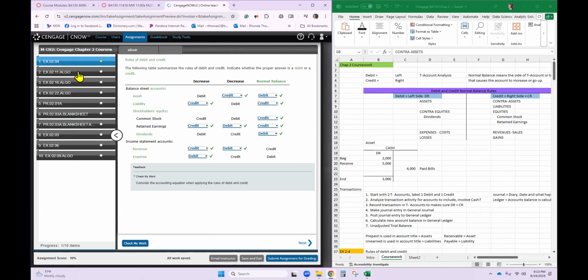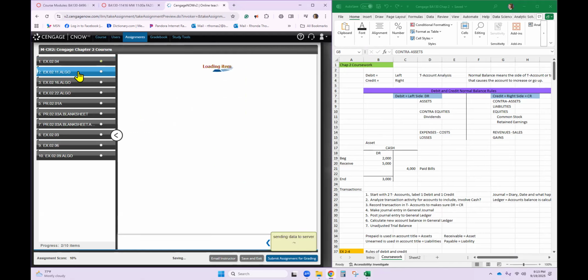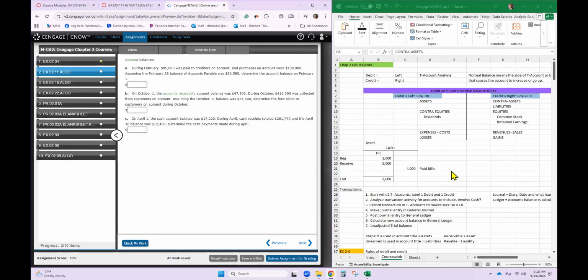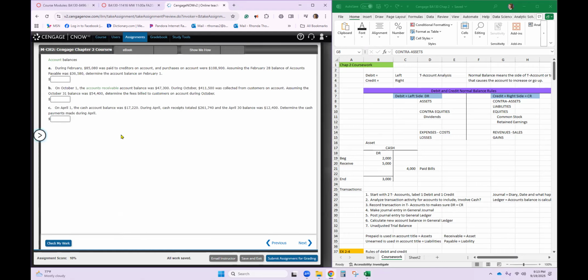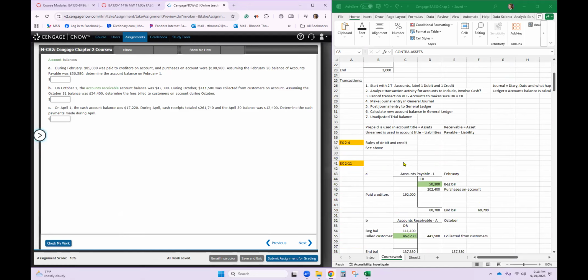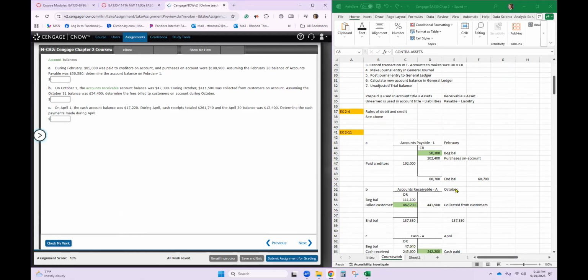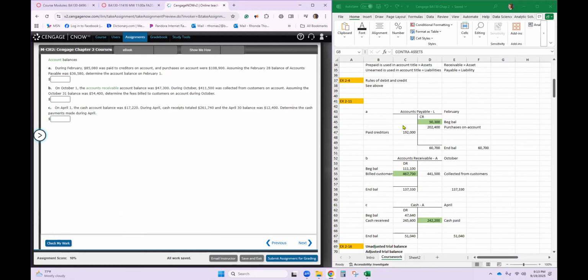And these next 3 are algorithm problems. Okay, so you're going to get different numbers, but you're going to get to watch me work the problem. Okay, these are called account balances. All right, well, you have to learn how to understand the different relationships of an account.